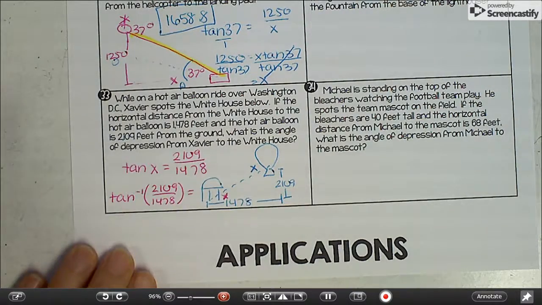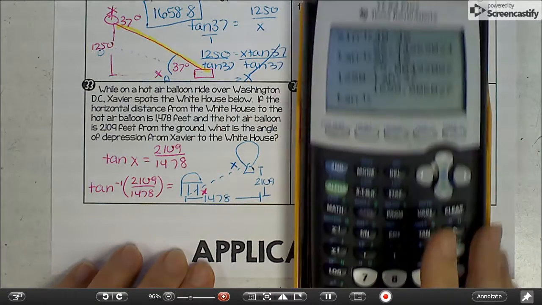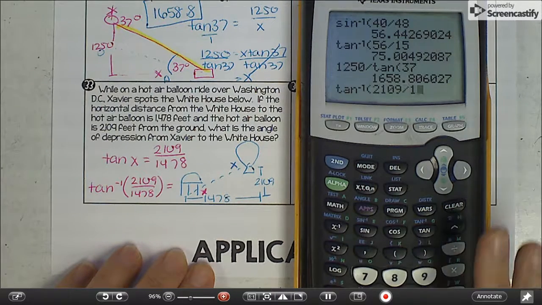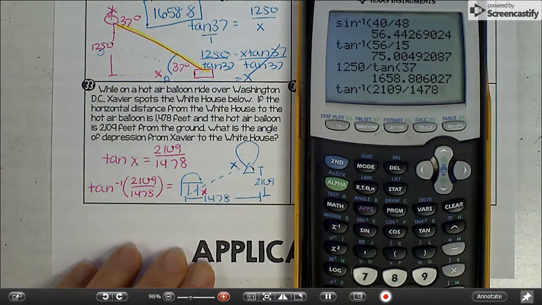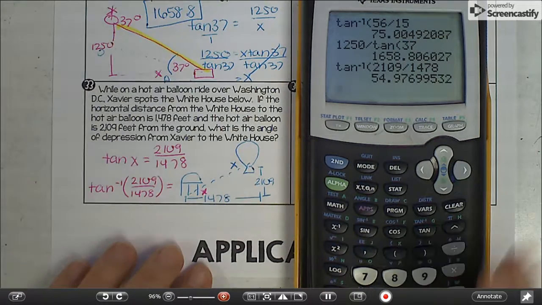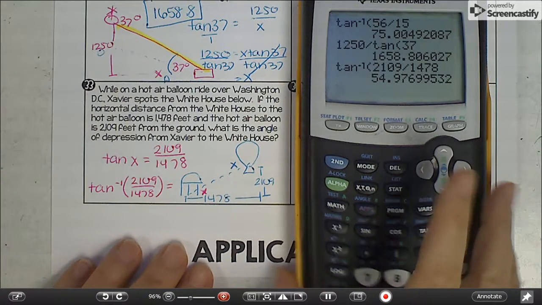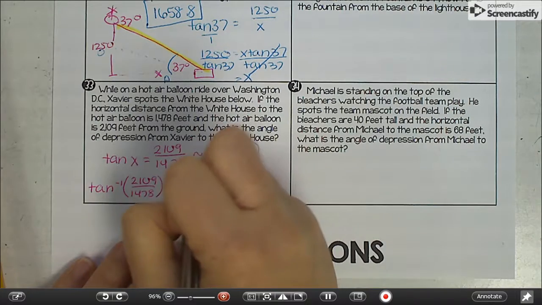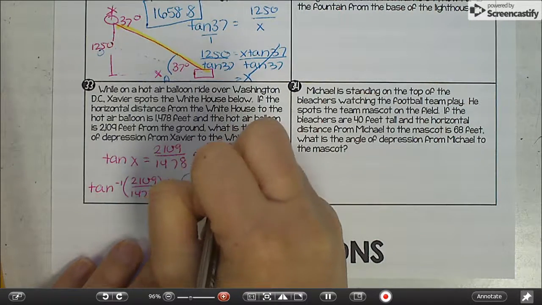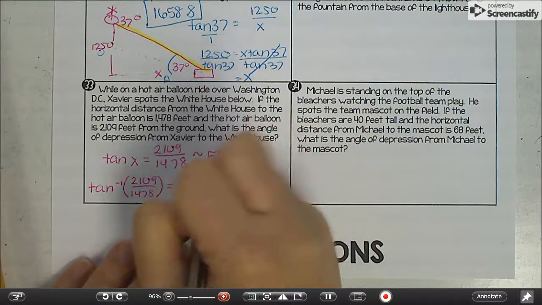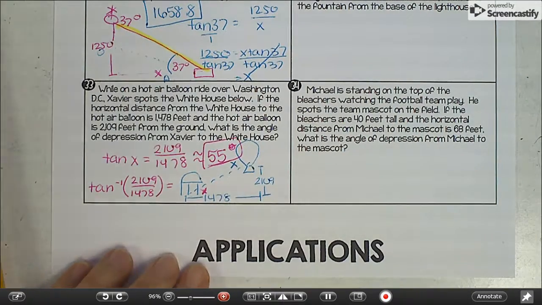And our calculator does all the work. Second tan, 2109 divided by 1478. 54 point, really 55. Yeah, 55-degree angle of elevation.